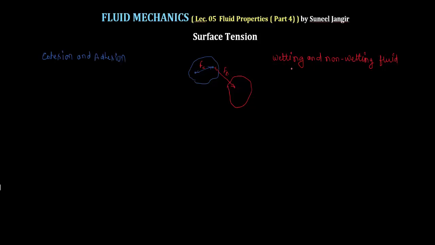Wetting fluids are those which will wet the surface, like water. To define the wetting fluid, I am considering a solid surface, and over the solid surface there is a droplet of some fluid.